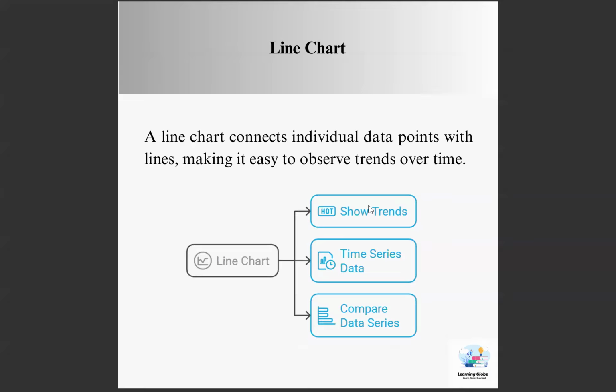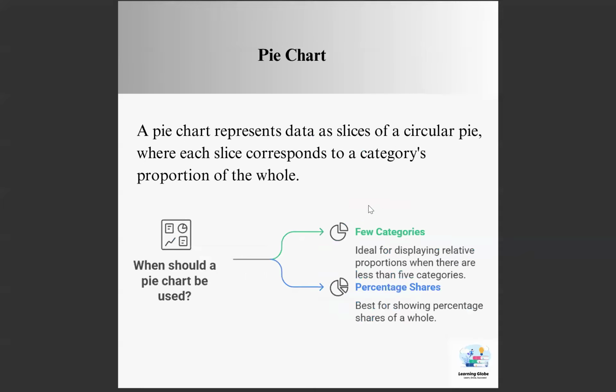So with the help of a hot trend, you will get to know. Then time series analysis: if you are observing data around a particular time limit, you will be able to know which time series is giving you the maximum profitability, and compare the data series as well.